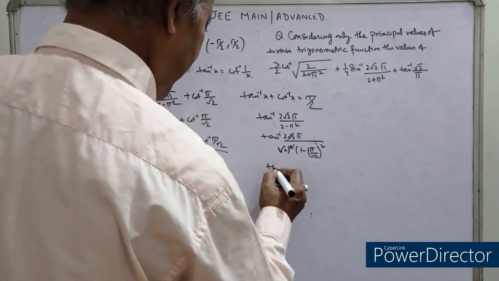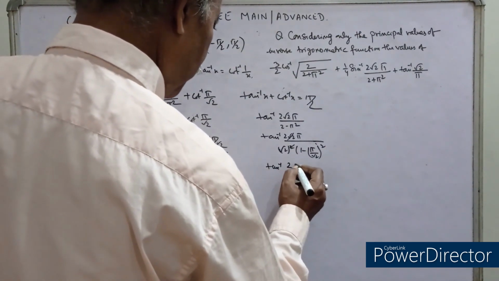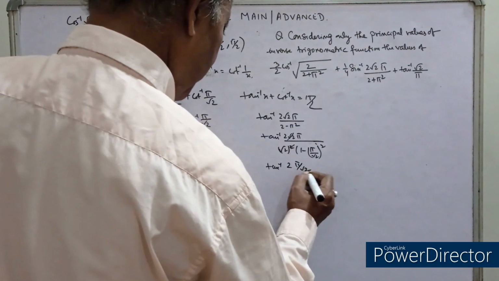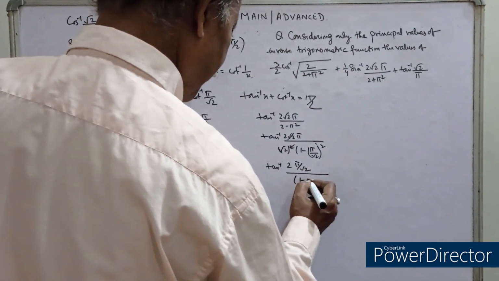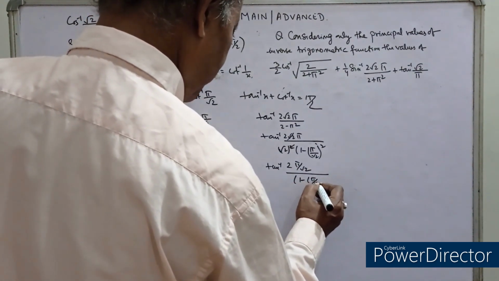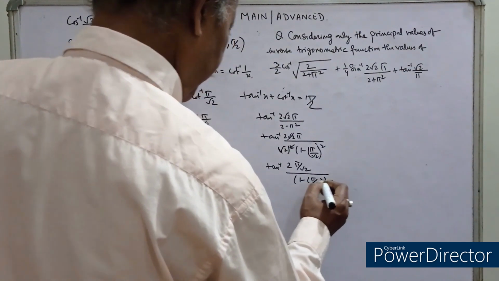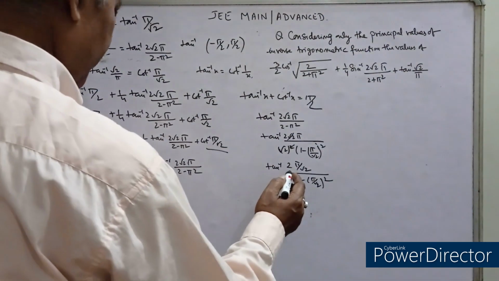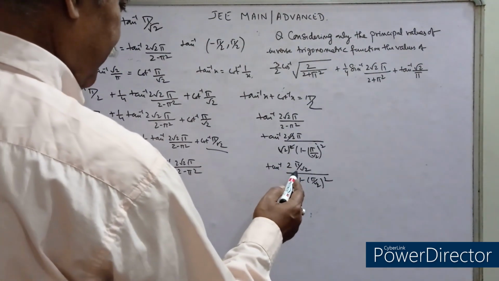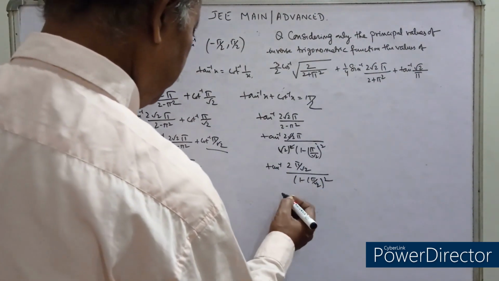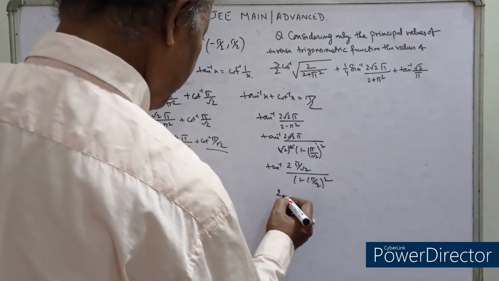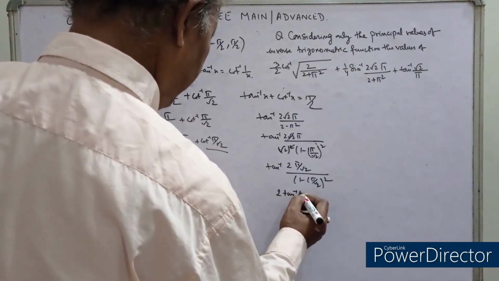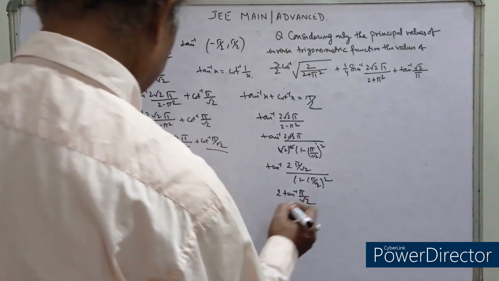So this will be tan inverse 2 pi by root 2 by 1 minus pi by root 2 the whole square. So 2x, this will be 2 tan inverse pi by root 2.